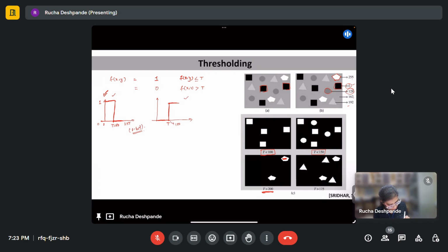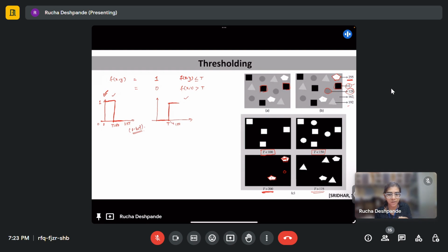So this is 1 and the matrix is 0. Above 200 we have only one value. These shapes are above 200, so that's why they are appearing brighter. Similarly for this, everything above 175 will have f(x,y) equal to 1, and everything below that will be dark, will be 0.